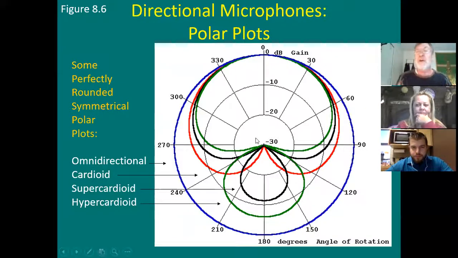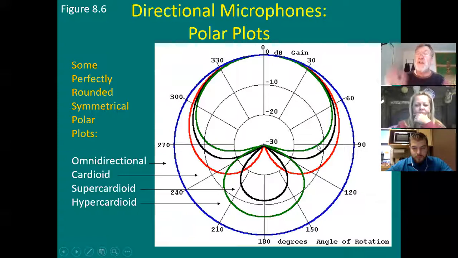Okay? And now look at the black. That's called a supercardioid. Look, it's less sensitive to sounds from the sides than the cardioid is, but it's a little bit more sensitive to sounds from behind than the cardioid is. And then you look at the green, the hypercardioid.